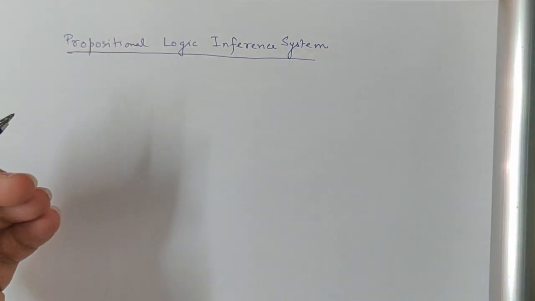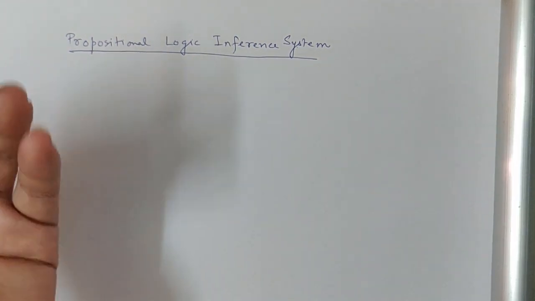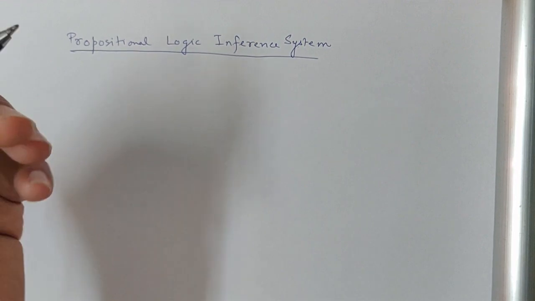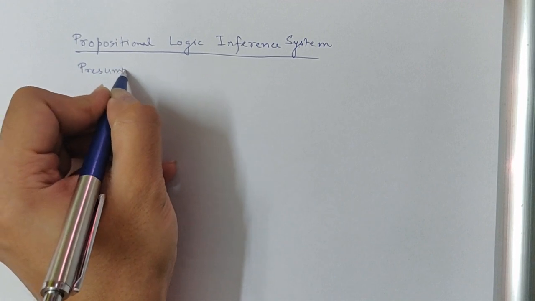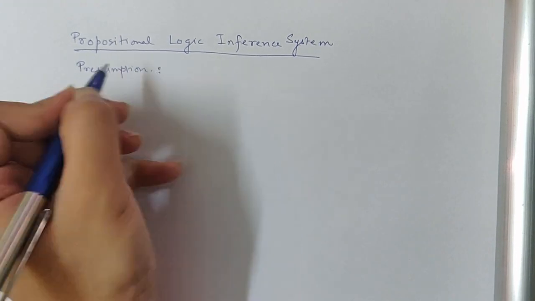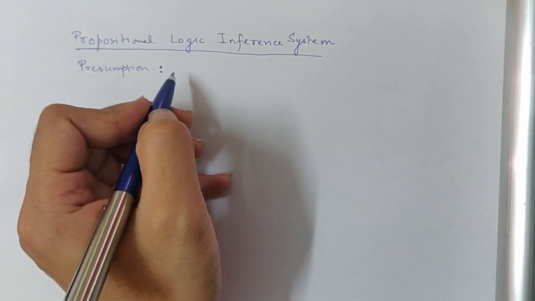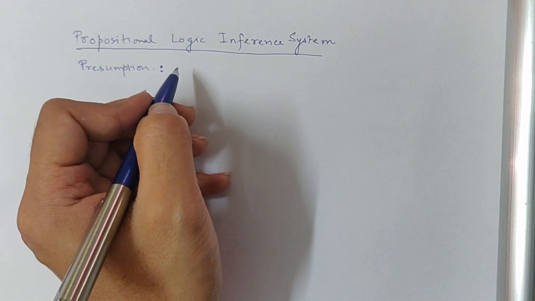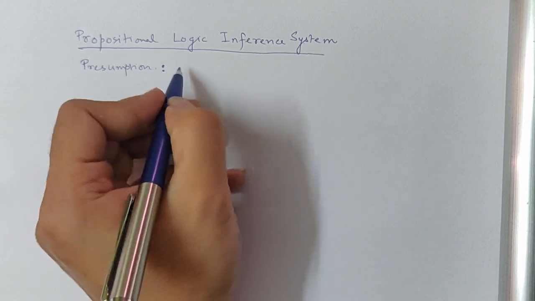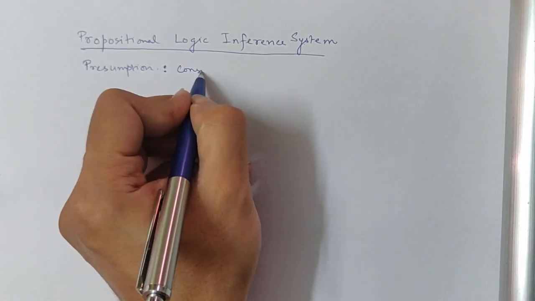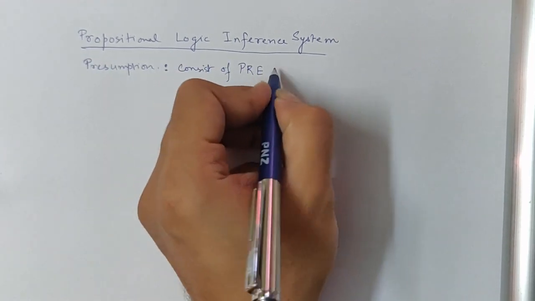reasoning going on, but the problem with that system is it has been presumed, there is a presumption there, that the logical sentences that are coming either from the knowledge base or from the percepts or from some database, they consist of precise data.